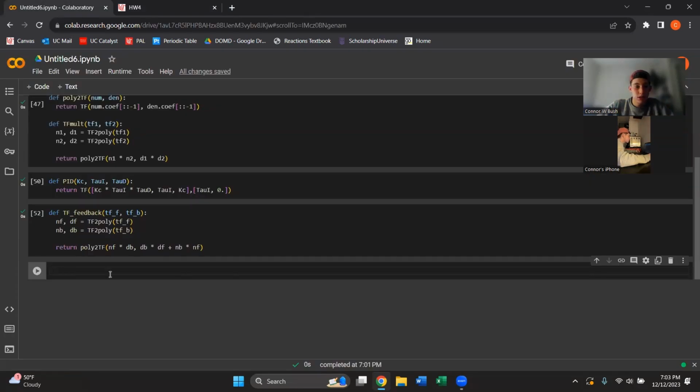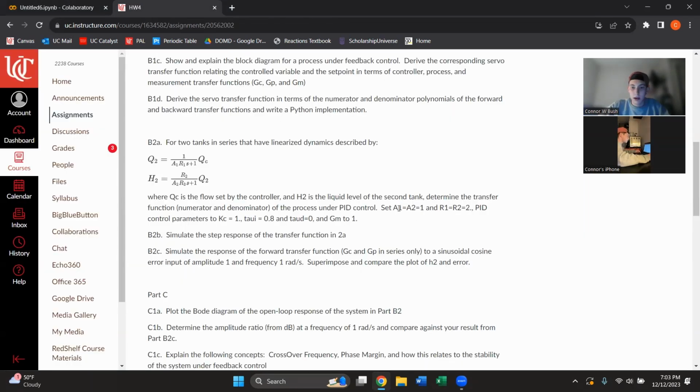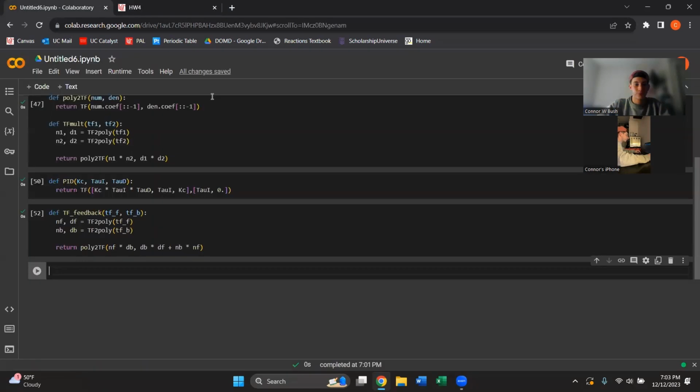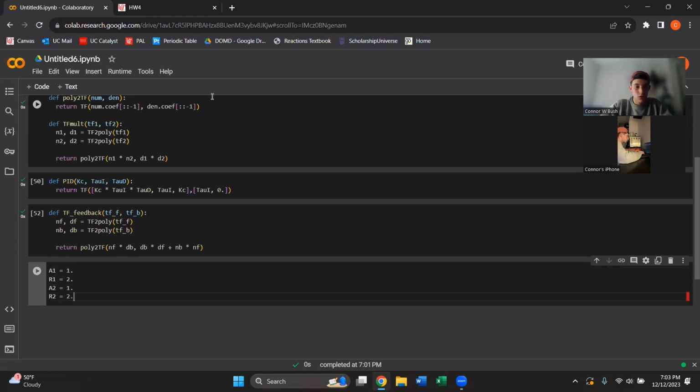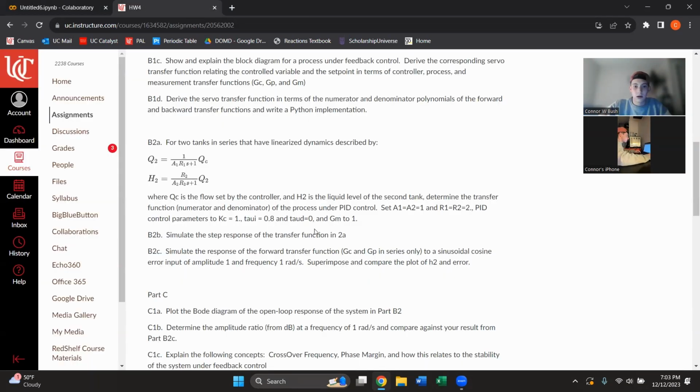So what this looks like in Python, we're given that A1, A2 equals 1, R1, R2 equals 2. So let's initialize that. We are also given the proportional gain is 1, tau I is 0.8, and then tau D is 0.